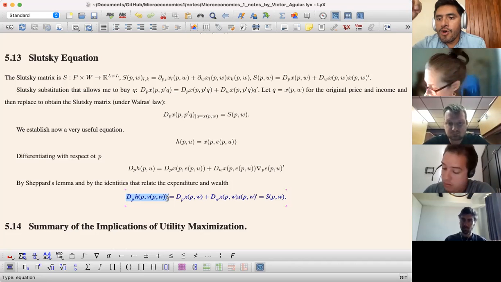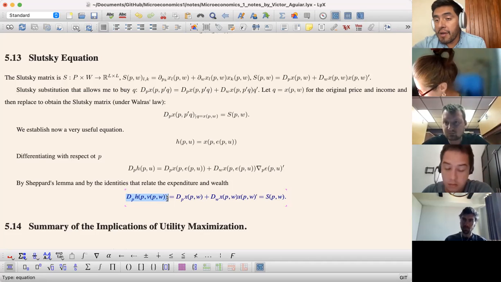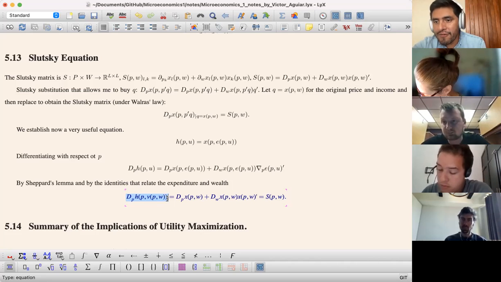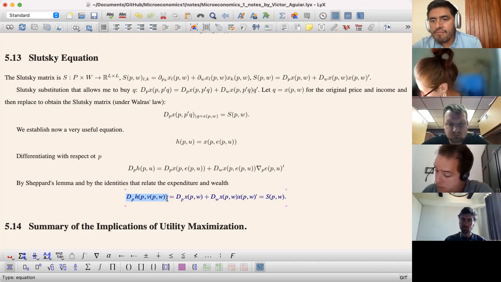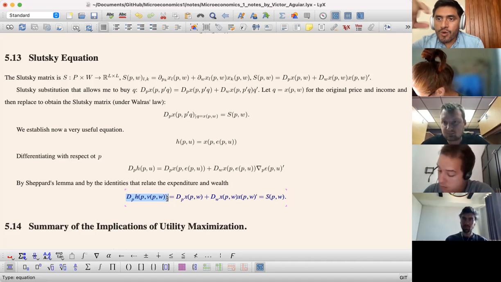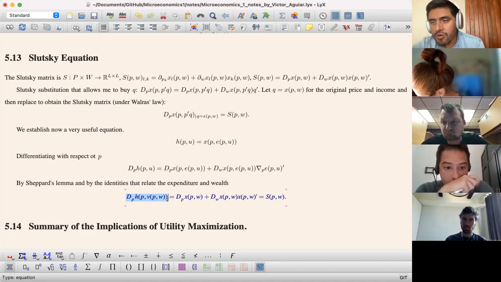Now, I have told you that the implications of rationality in general are the weak axiom of revealed preference and also the generalized axiom of revealed preference. You remember this. Now I'm telling you that there are other implications when you study the Slutsky matrix. Of course, there is going to be a relation between the two.